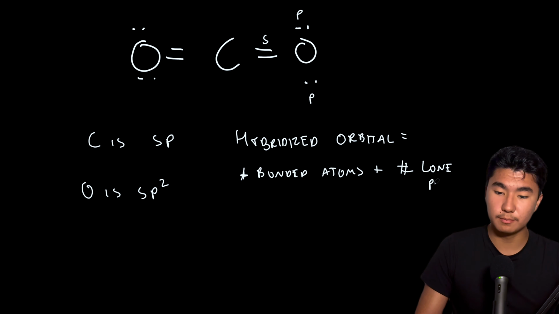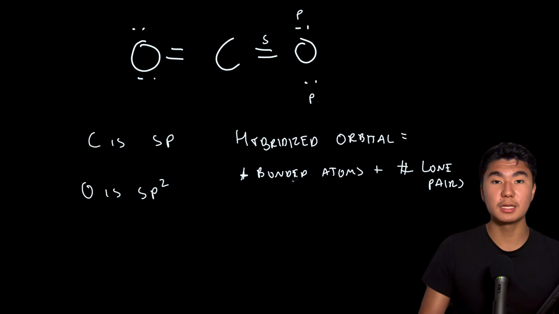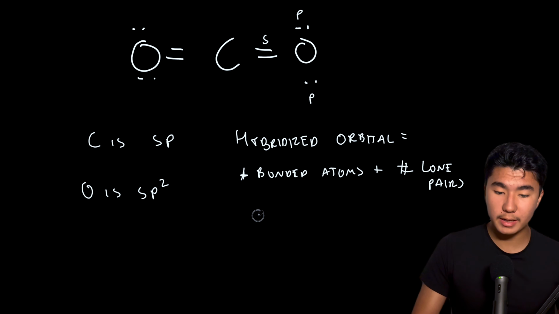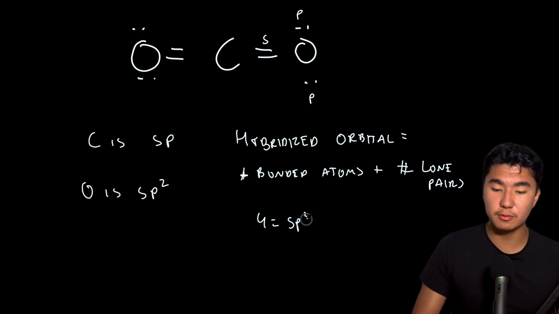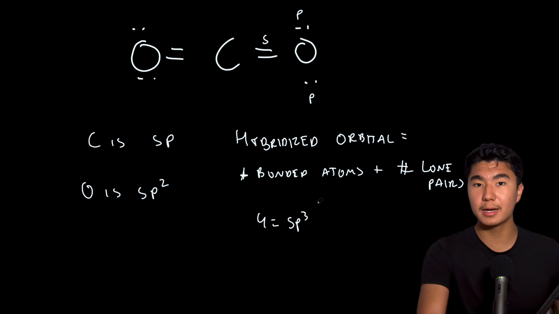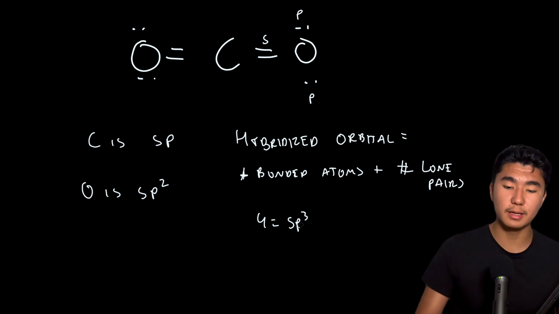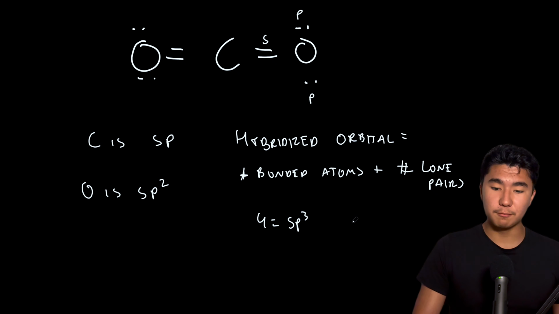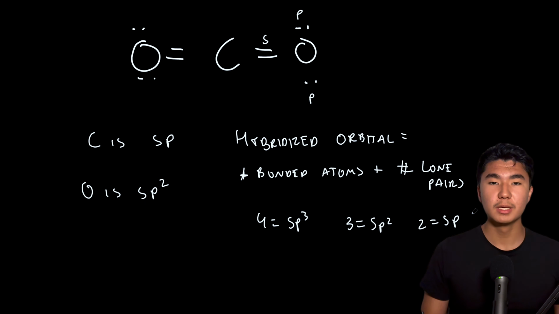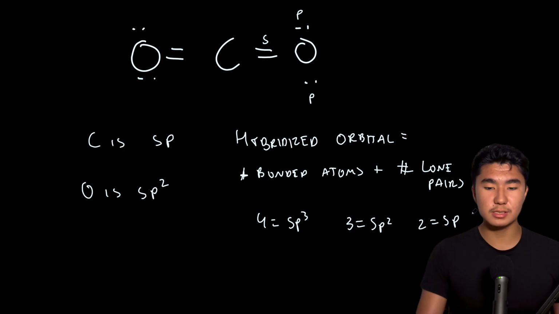And this makes sense, because if we have 4 bonded atoms, then we're going to have sp3 hybridization. Or if we have 2 bonded atoms and 2 lone pairs, then that would also be sp3. If we had 3, this would be sp2, and if we only have 2, this would be sp. So hopefully that helps you understand that portion of the hybridized orbitals.